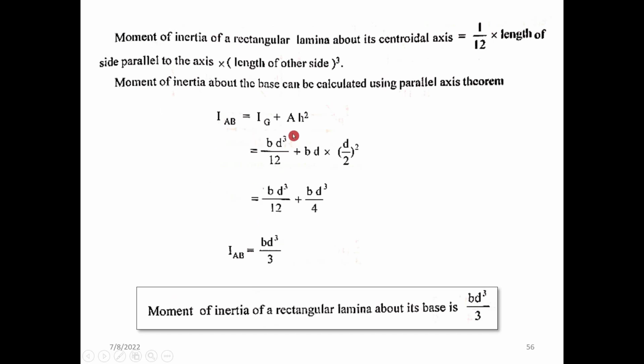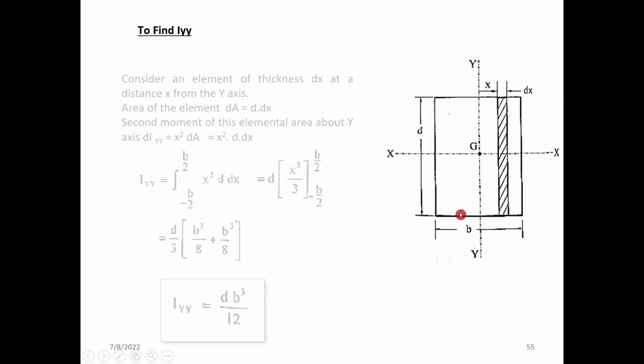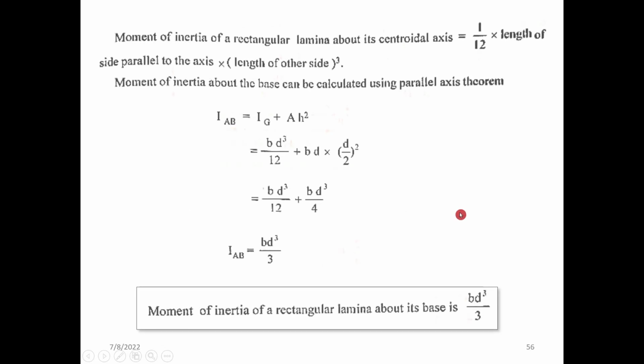So I'm repeating the expression b d cube by 12, which is found now, plus b into d, the total area of the rectangle, into d by 2 all square. We're finding about AB. This will give you b d cube by 3. The moment of inertia of the rectangular lamina about the base is b d cube by 3.